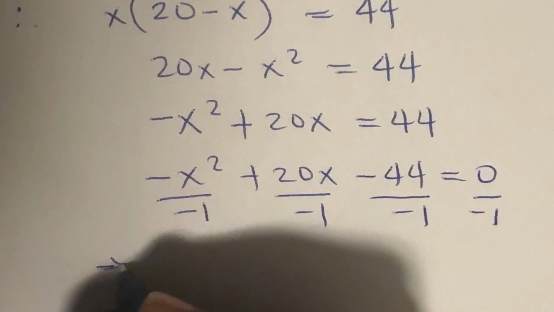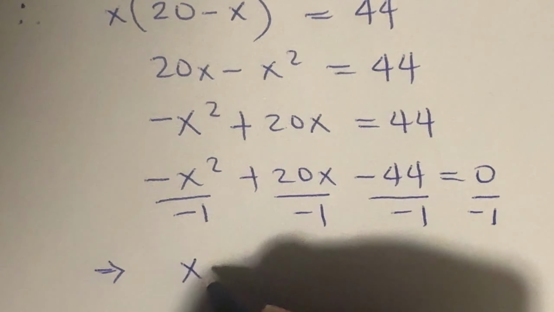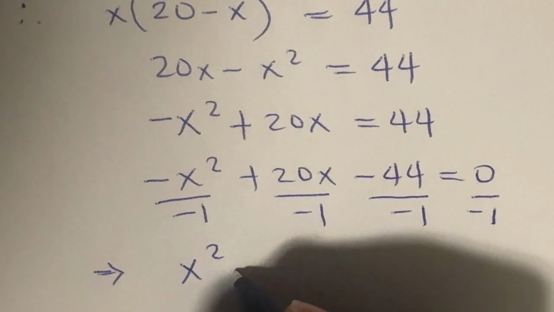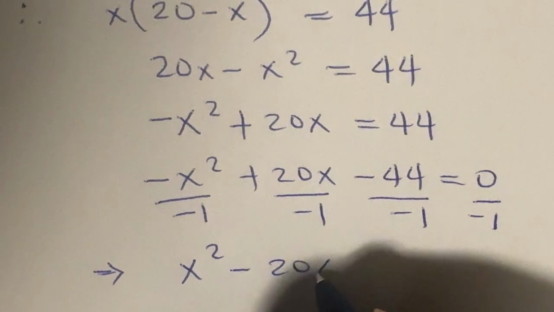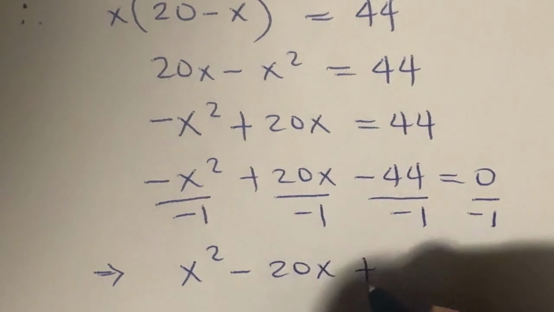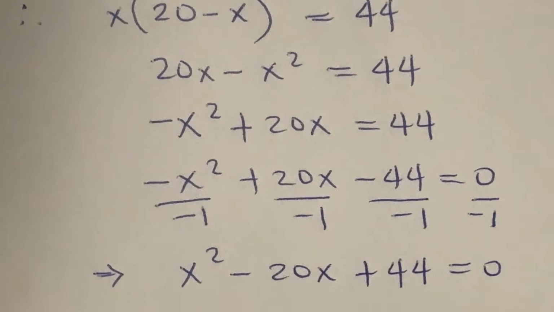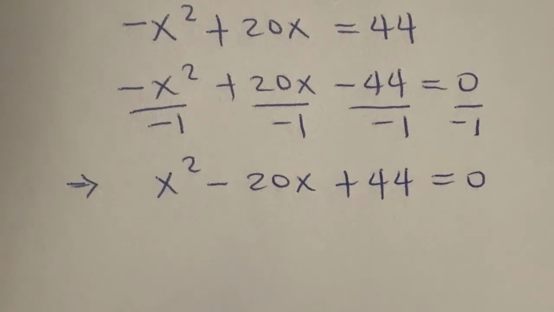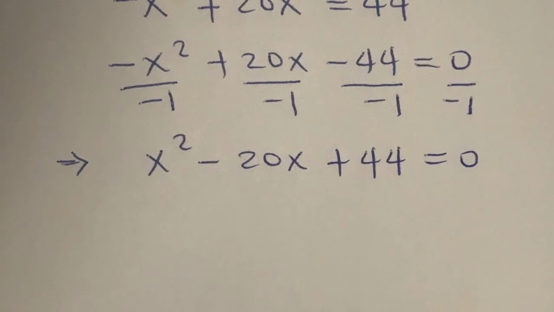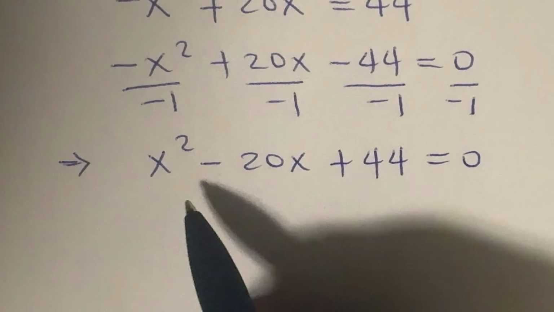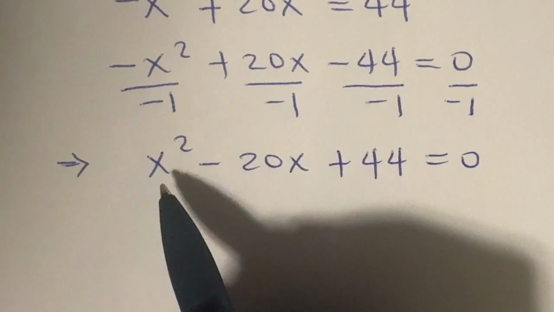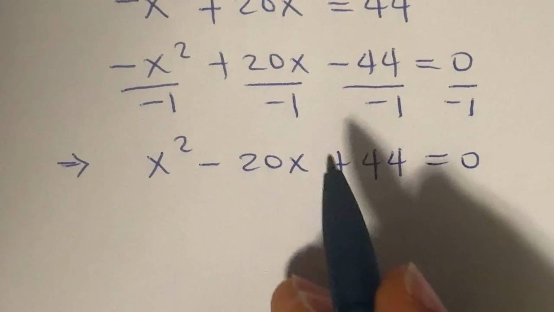So this implies x squared minus 20x plus 44 is equal to 0. So we have a quadratic equation. Definitely we are going to have two values for x.